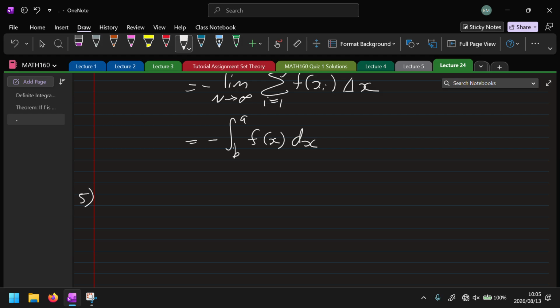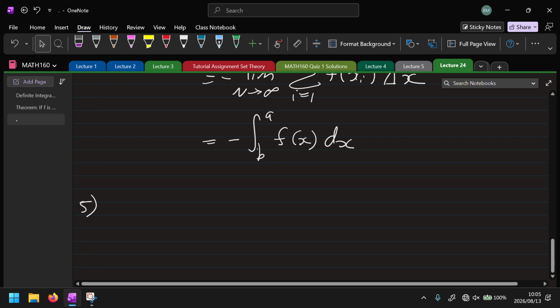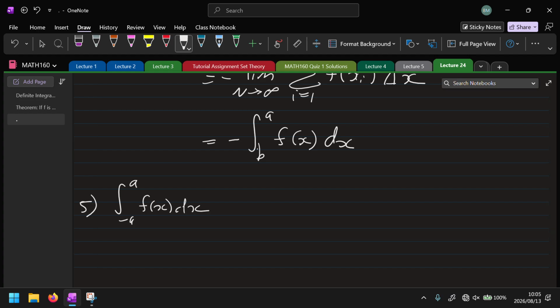Okay, so we have the integral from minus a to a of f of x dx, but we also know that f is even. So there's 2 things we've got there. So we have the integral from minus a to a, f of x dx. This is going to be equal to something as we go through.